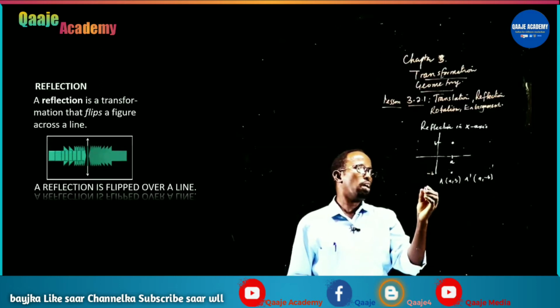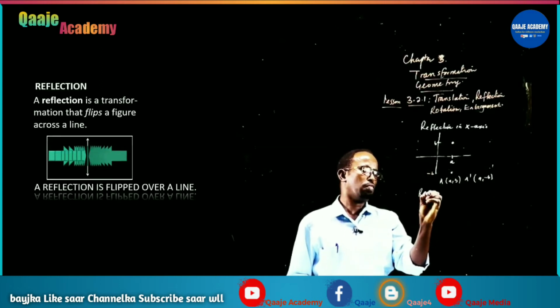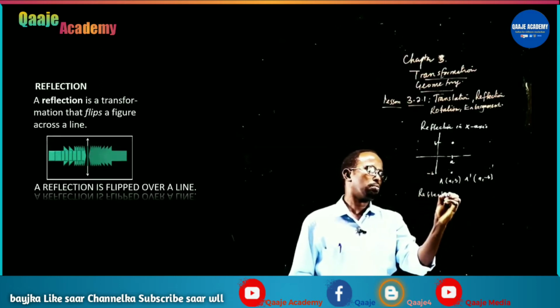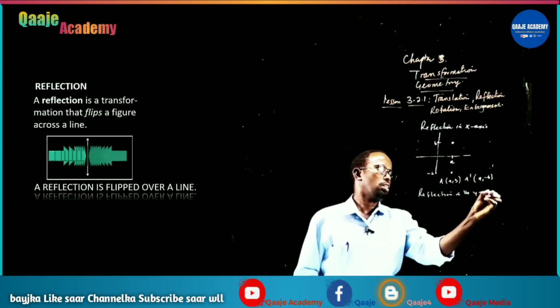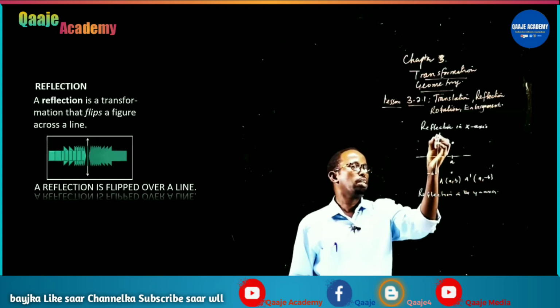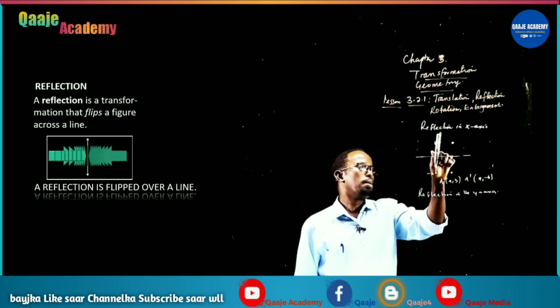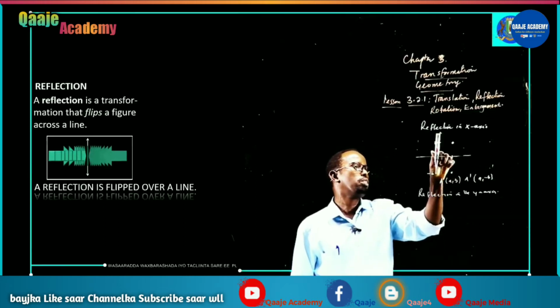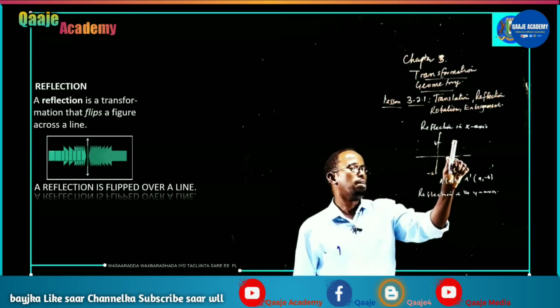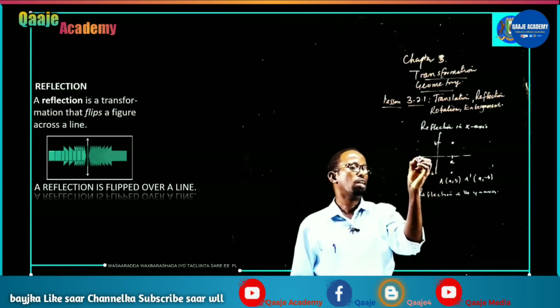The next one is reflection in the y-axis. Reflection in the y-axis means you will place your mirror line here. So B becomes fixed, because there will be no movement in B. A moves to this particular point, which is where minus A will be.